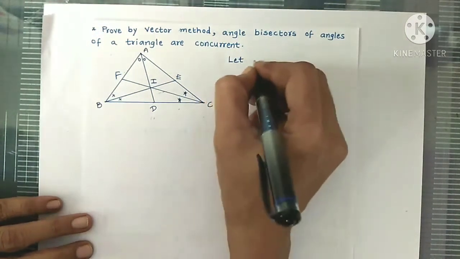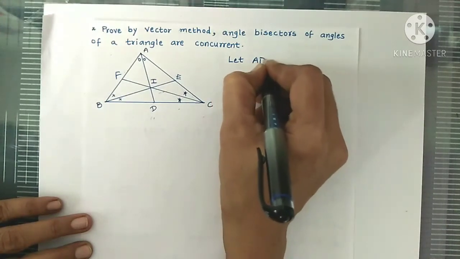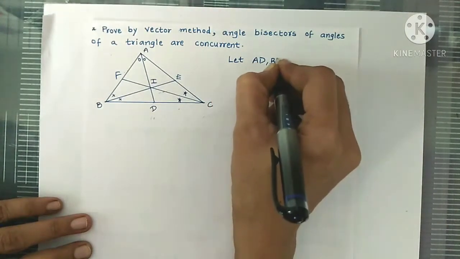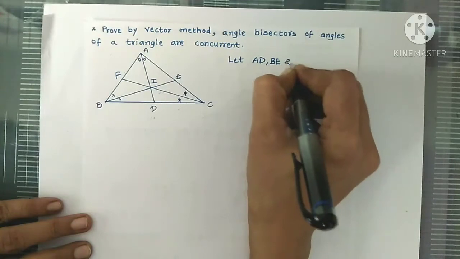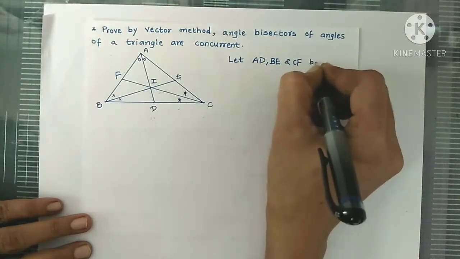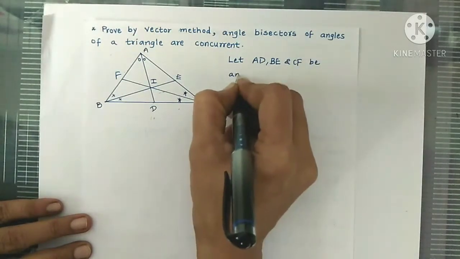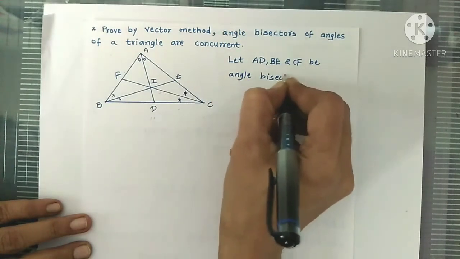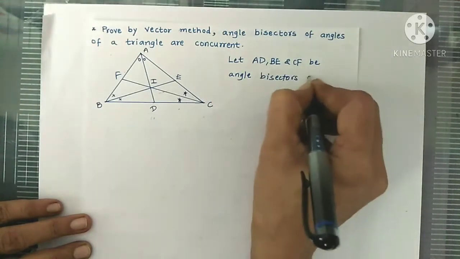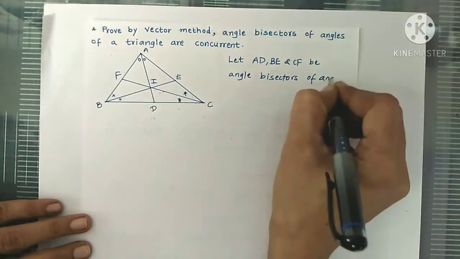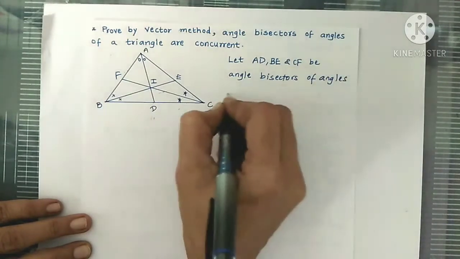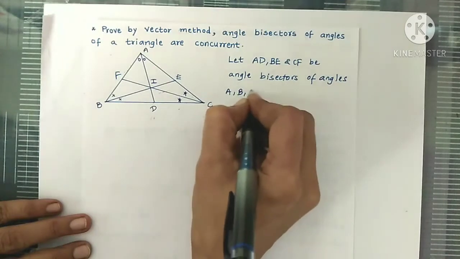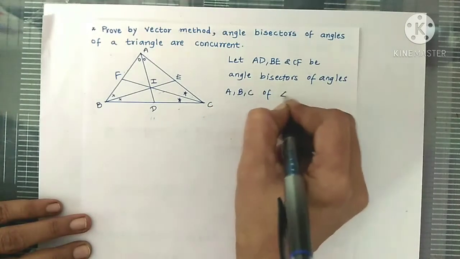Let's write the construction. Let AD, BE and CF be the angle bisectors of angles A, B and C of triangle ABC.